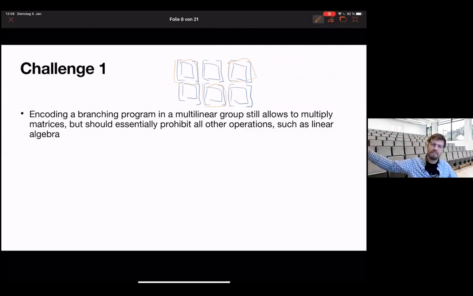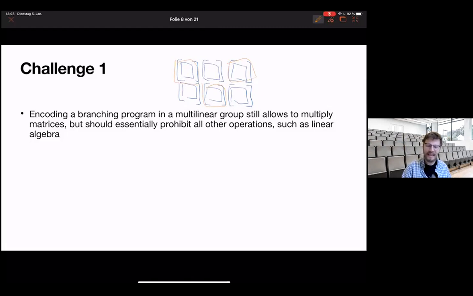If I cannot look into these matrices, I cannot just peek into them, right? That's prevented by the multilinear group. I cannot just perform Gaussian elimination, right? Because in order to do Gaussian elimination, I need to really look at the values that I'm working with and perform linear operations depending on what's in this matrix.